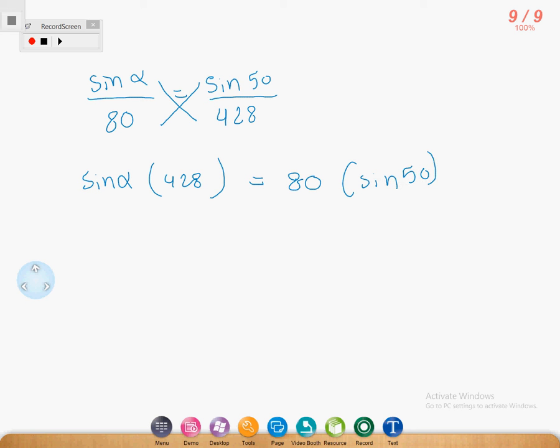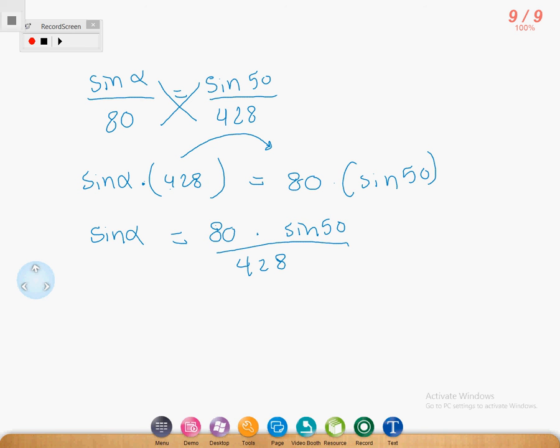It's up to you if you want to put the brackets. I prefer the brackets. Okay. Now I need sine alpha because this is the unknown thing alone. So if you take this to the other side, this means you have to divide because here we have multiplication. So 80 times sine 50, this is the original side, over 428. Again, I took this to the other side, it's multiplication, it will be division, the opposite.